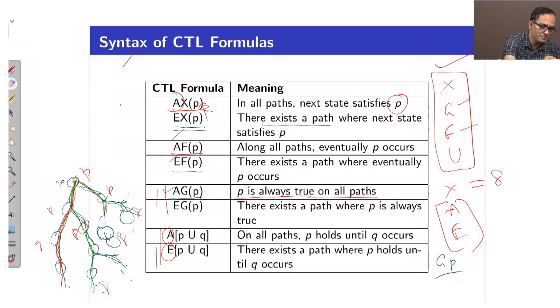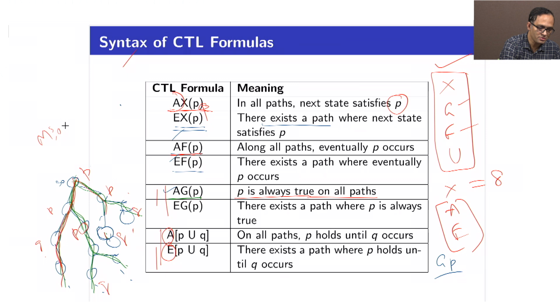So, I can just write this, that M, S0 satisfies E P until Q, because I found at least one path in which P until Q holds. But does it hold in all paths? Just look into this example carefully and check.